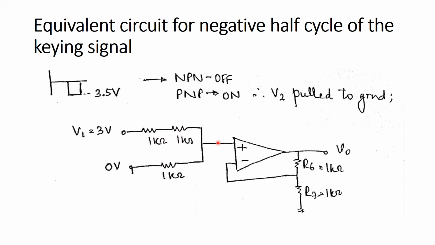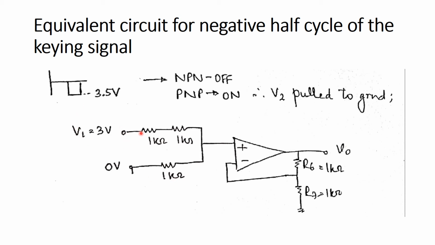Again, to analyze the voltage at pin number 3, we have to apply the principle of superposition. That is, we consider the voltage at pin number 3 by considering only one source at a time. Initially, if we consider only V1 and assume the other source as 0, the voltage at this point, by the voltage divider rule, will be V1 into 1k divided by 1k plus 1k plus 1k.